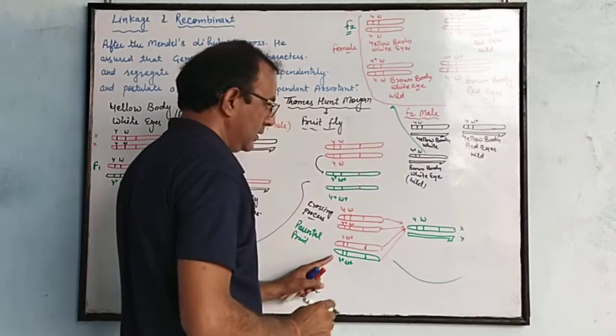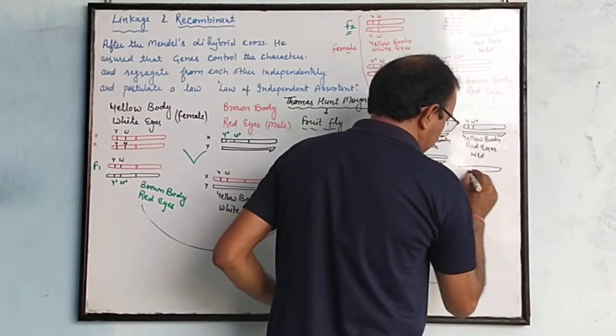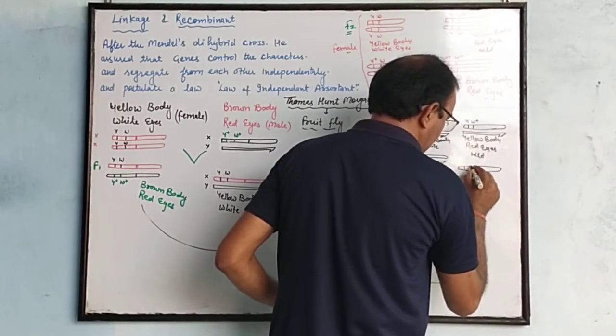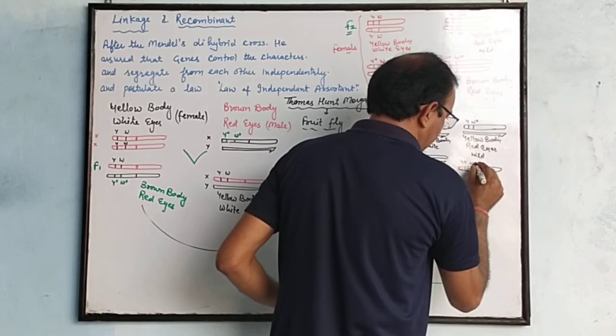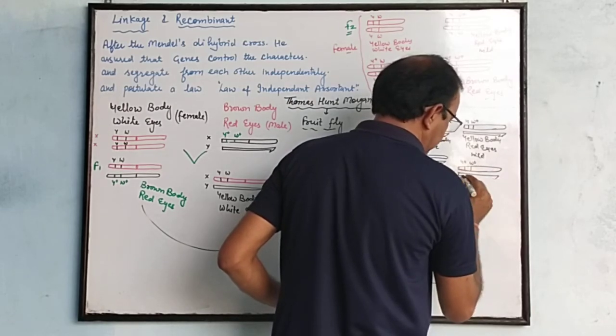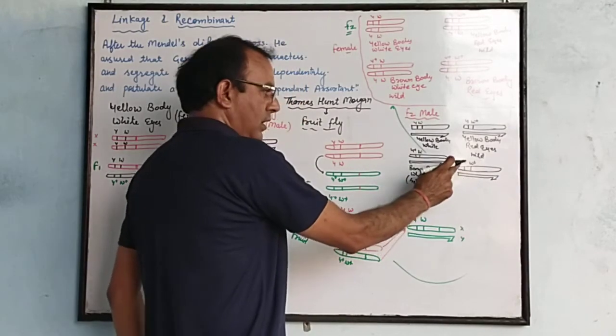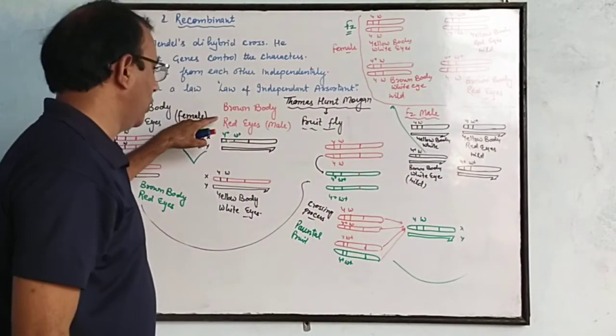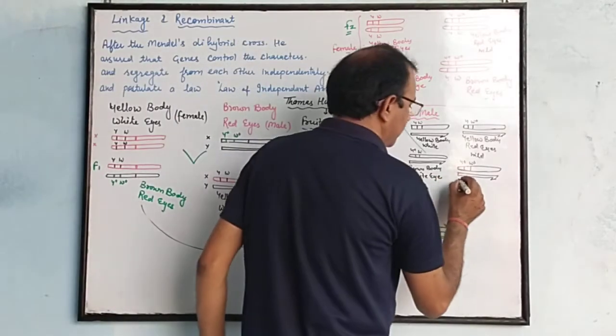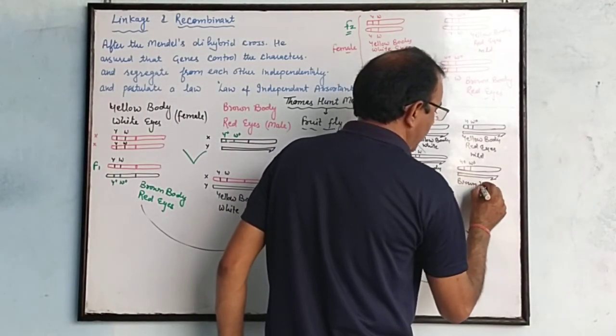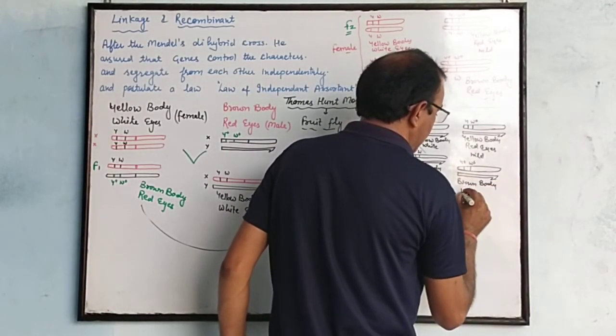And the last one is Y plus W plus with Y. So this male is Y plus W plus, showing brown body, red eyes.